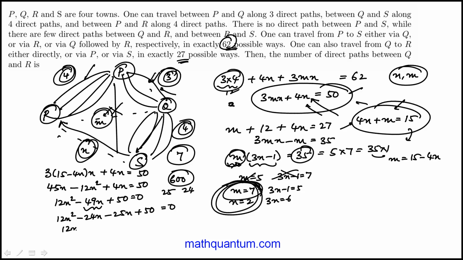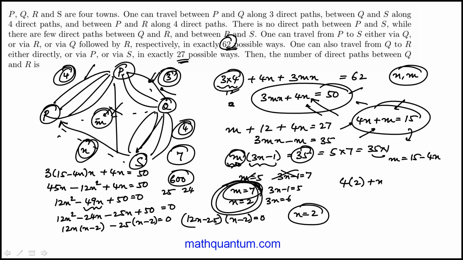And then factor: 12n and minus 2. Because n has to be an integer, the only solution is n equal to 2, and then you can plug it back into this one to get m, which will turn out to be 7.